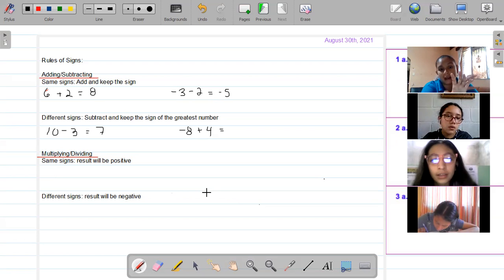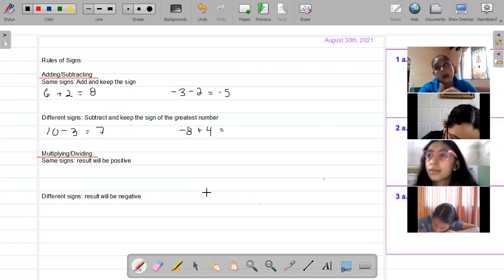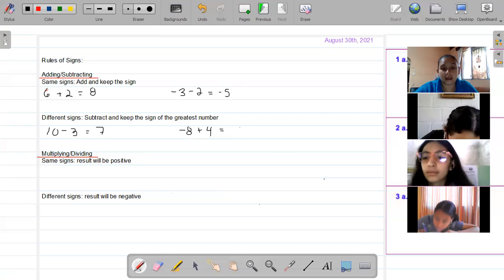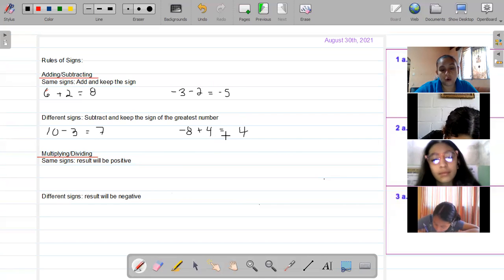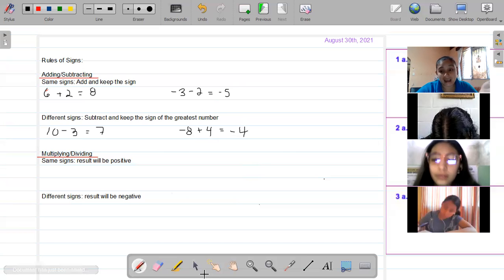We're just relocating. Okay, so in this case, different numbers, we subtract and we keep the sign of the greatest number. So 8 minus 4, that gives us 4. And what number is greater? 8. And 8 has a negative sign. So this is negative 4. Basically the same thing, okay?